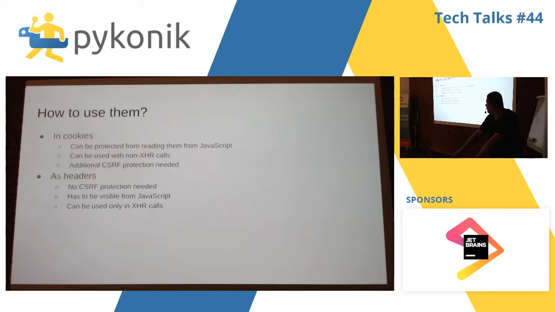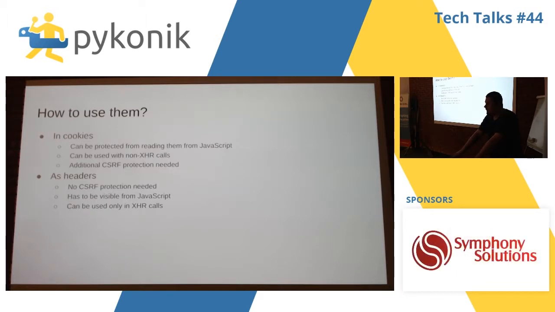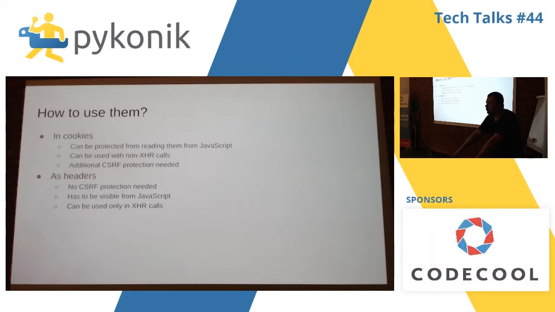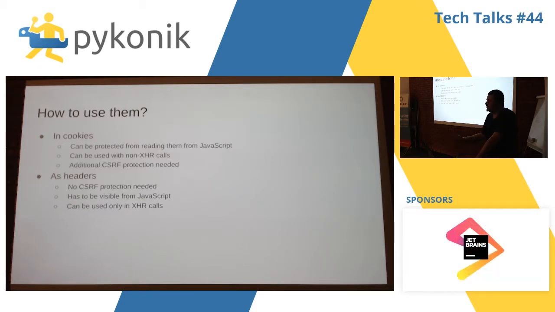It's only sent on the HTTP request, so the attacker cannot get that token. Also, cookies can be used with plain requests that are not made asynchronously by JavaScript. So simple loading of an image or a whole page will also contain the cookie.